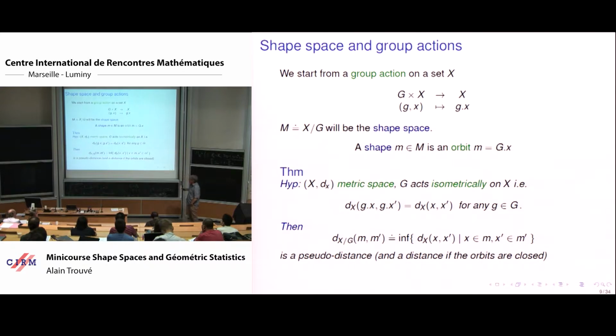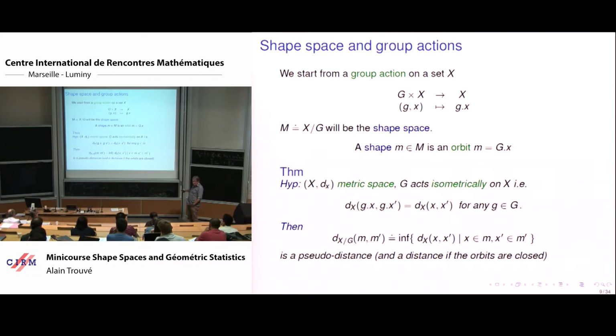You have the distance between X and X prime, these two pre-shapes, you measure the distance, and if you act simultaneously by the same element G on X and X prime, you conserve the distance.